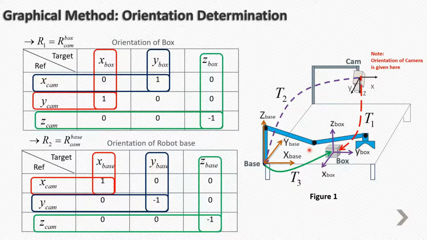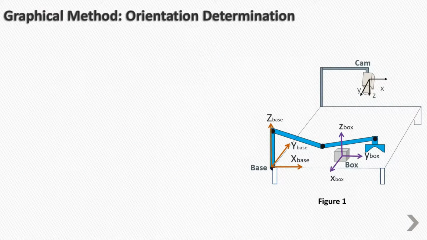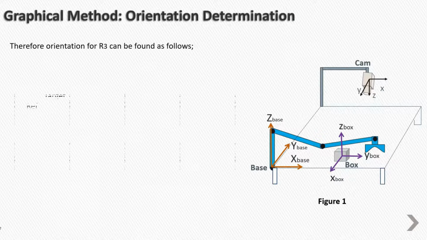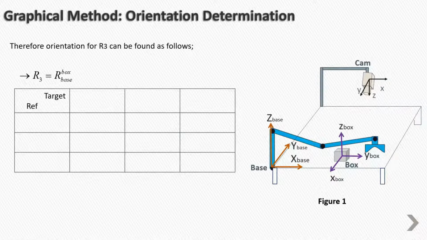Okay, so the next step will be to determine the orientation of base to the box. All right, so now we can draw the table for the base and box coordinations. Alright, so the first step, we check for the X box. Where is the X box? So actually the X box is parallel with the Y base here.